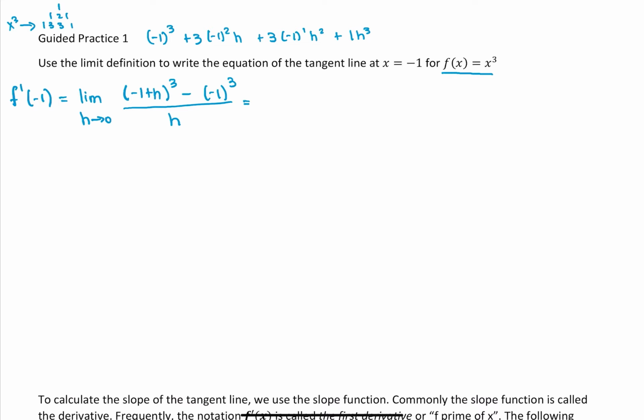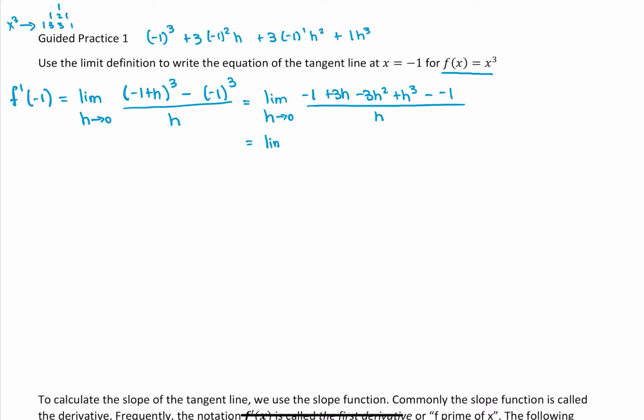So what we're going to get is the limit as h approaches 0 of negative 1 plus 3h minus 3h squared plus h cubed, and then if you substitute in negative 1, you're going to get minus negative 1, all divided by h. Now again, what should happen is that anything without an h should cancel.